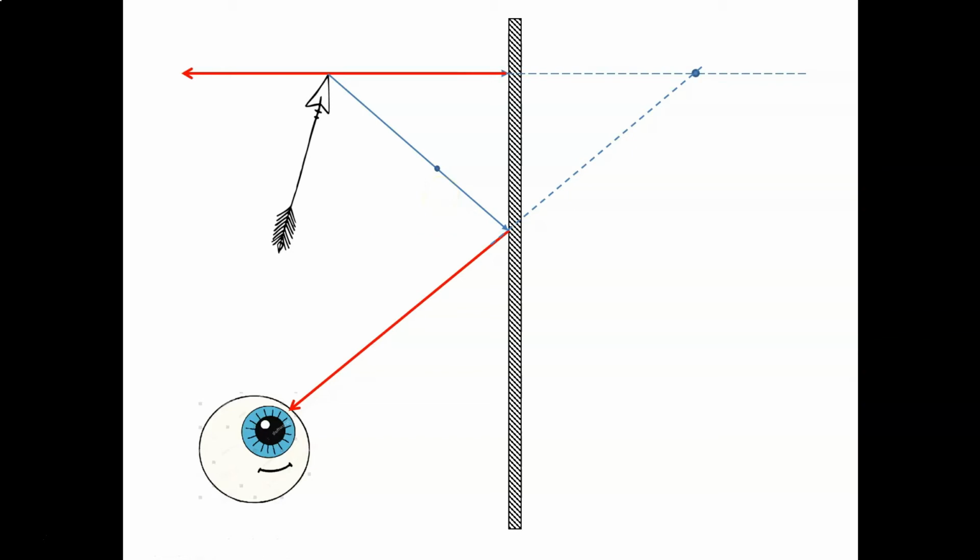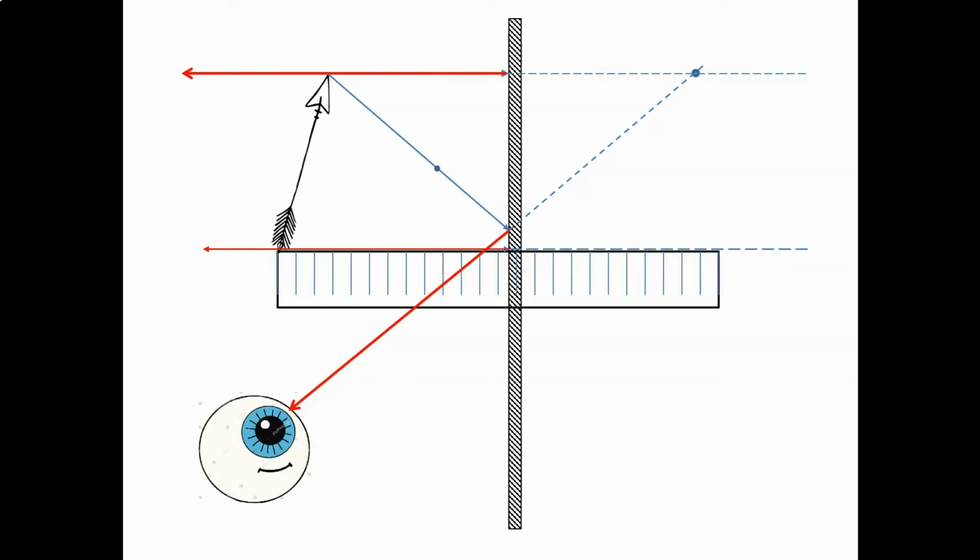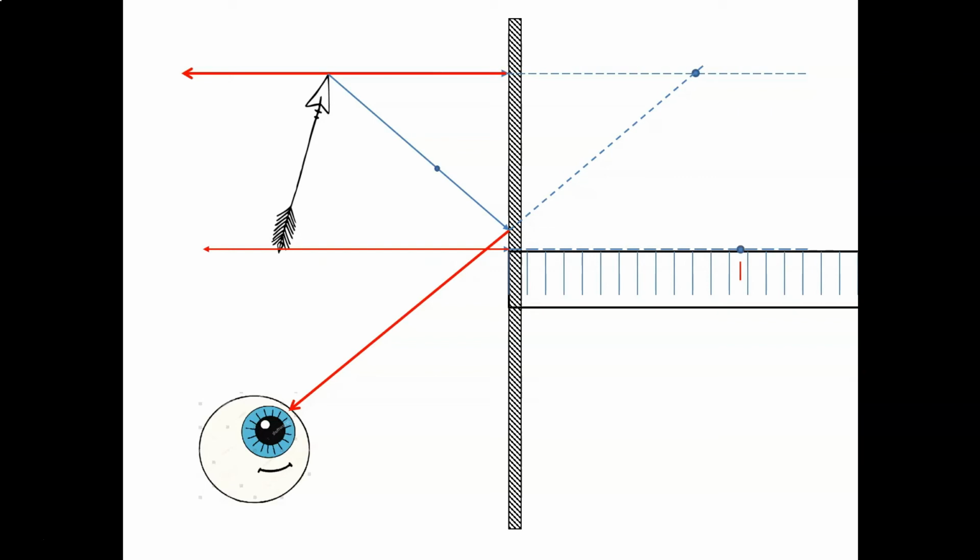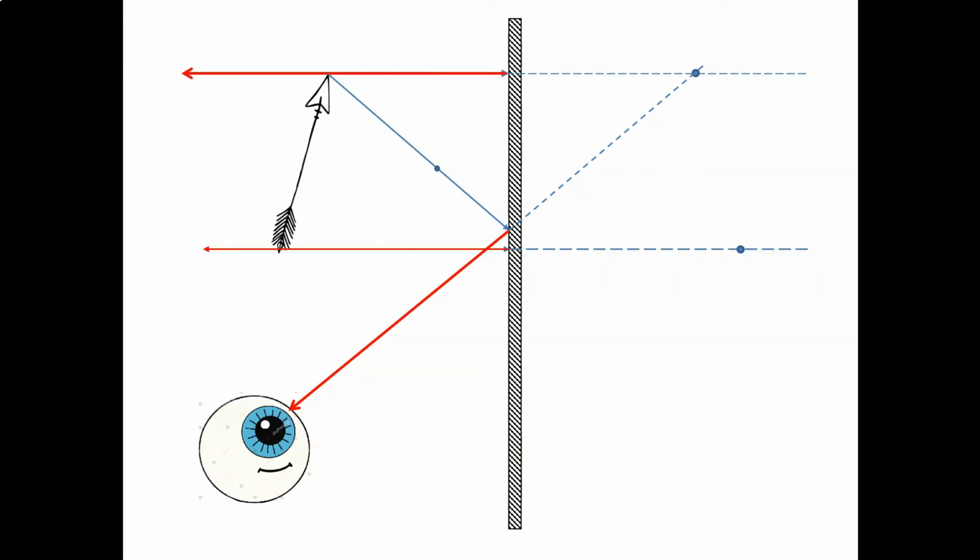Now, likewise, we can do the bottom of the object. We have a ray travel in and reflected back out on itself. This was perpendicular to the mirror. We extend it behind the mirror with a dashed line. We measure our distance from the mirror to the object. We'll measure the same distance to the front, from the front of the mirror to the image.